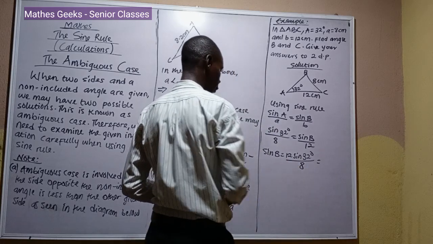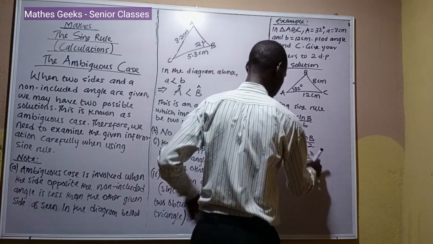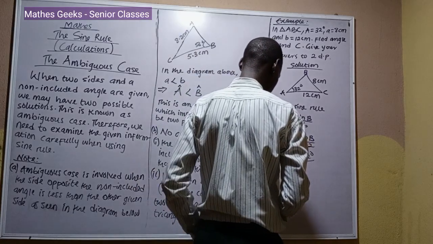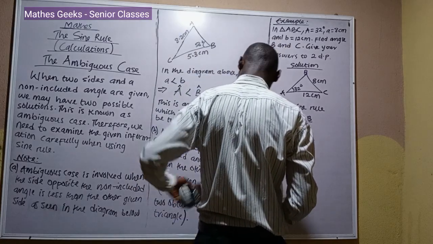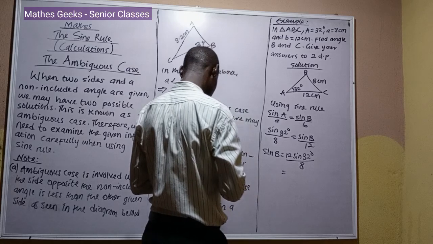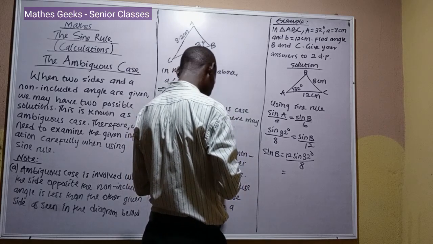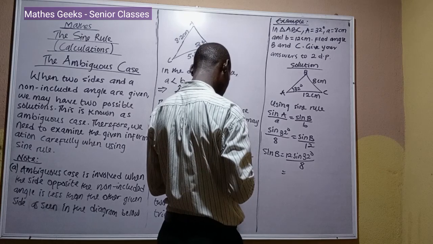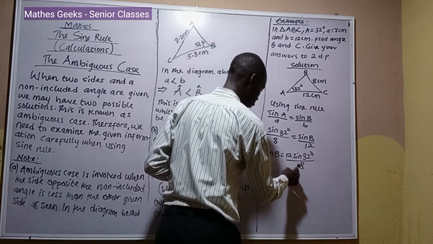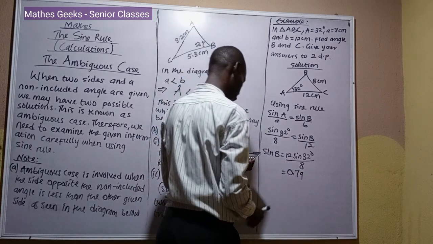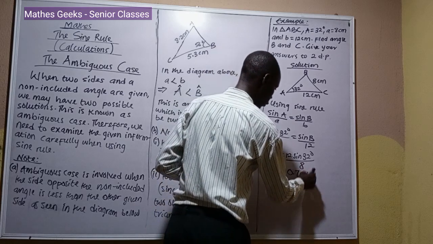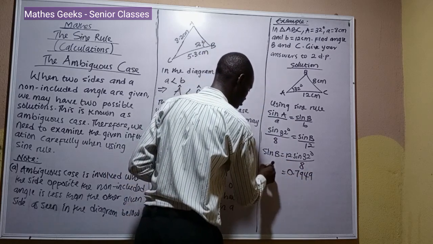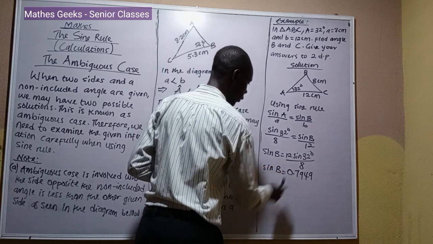This will give us 0.7949. So remember this is sine B equals 0.7949.